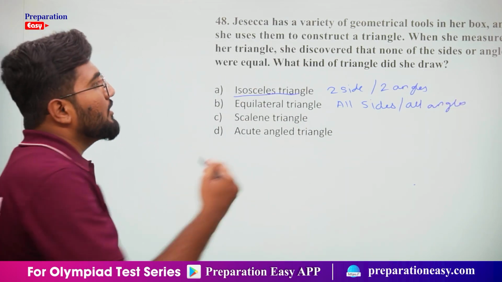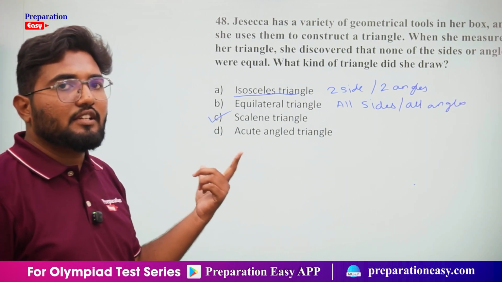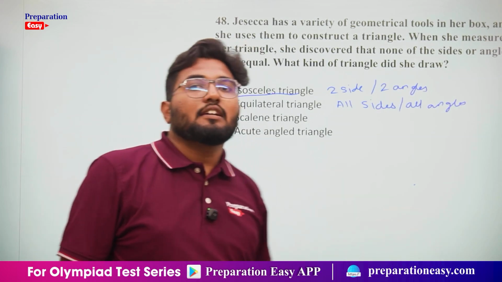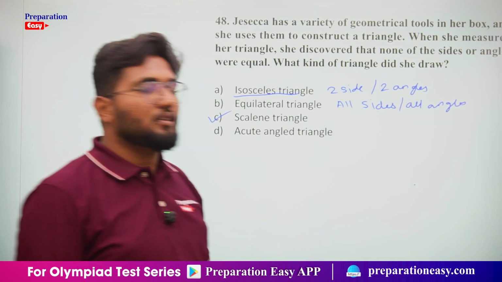In a scalene triangle, not a single side is equal. An acute angle triangle can be scalene or isosceles.